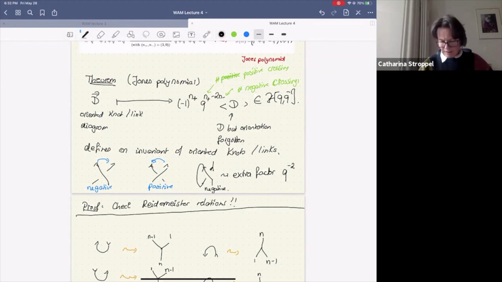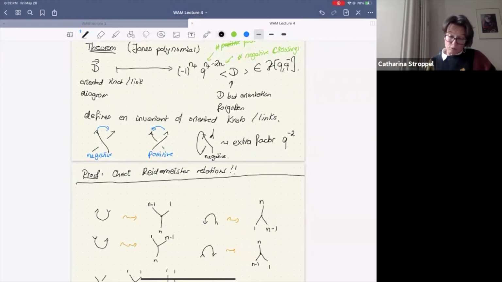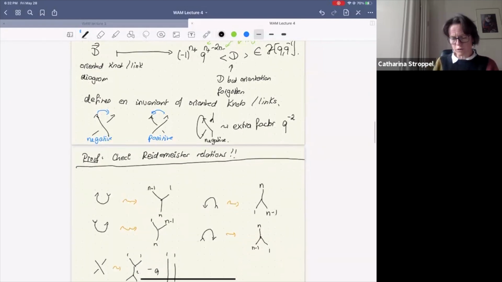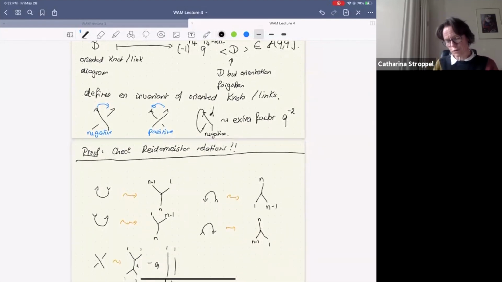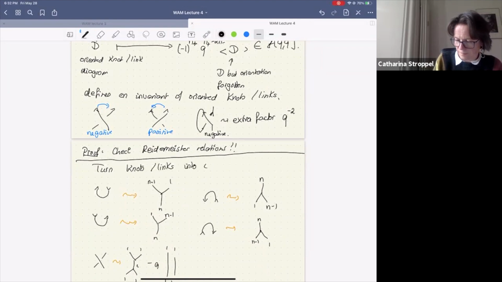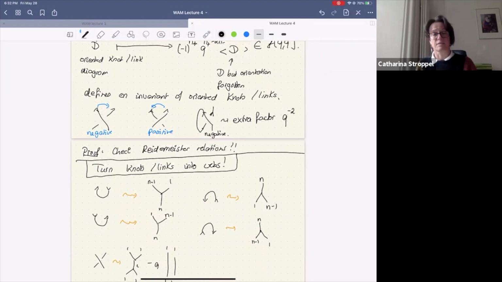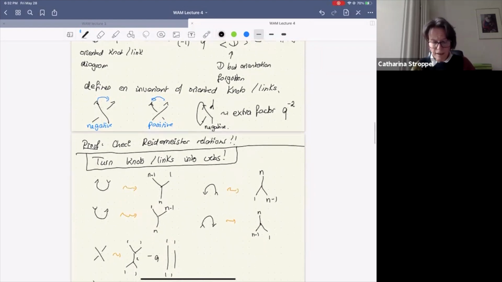Okay, so now, what has this to do with the stuff which we did the last 2 lectures? So I want to use this now and move to webs. So I want to turn knots and links into webs, because webs is something which we understand maybe better than just these diagrams. Okay, and what is the rule?